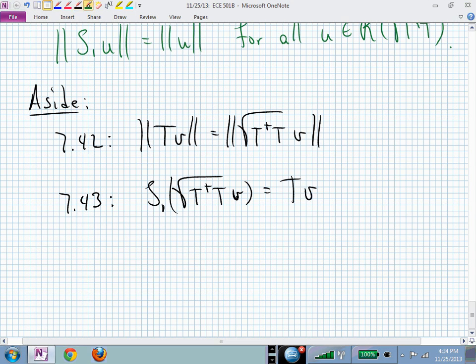So now if we work from this side, let's take the norm of TV. From 743, that's equal to the norm of S1 positive square root of T dagger T V.